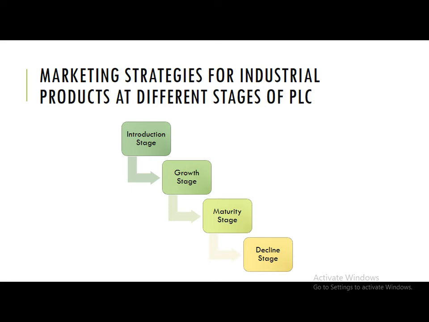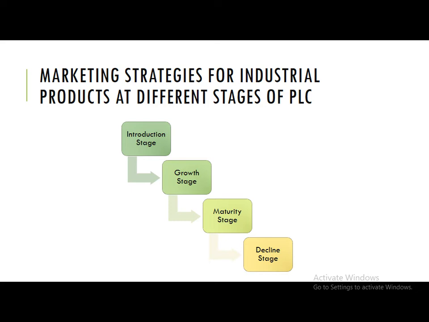The marketing strategies to be adopted for industrial products in the maturity stage are: first, to enter into a new market, or to find ways and means of satisfying the existing customers and upgrading them. And to cut the production, marketing, and other costs to maintain profit margins at a high or desirable level.